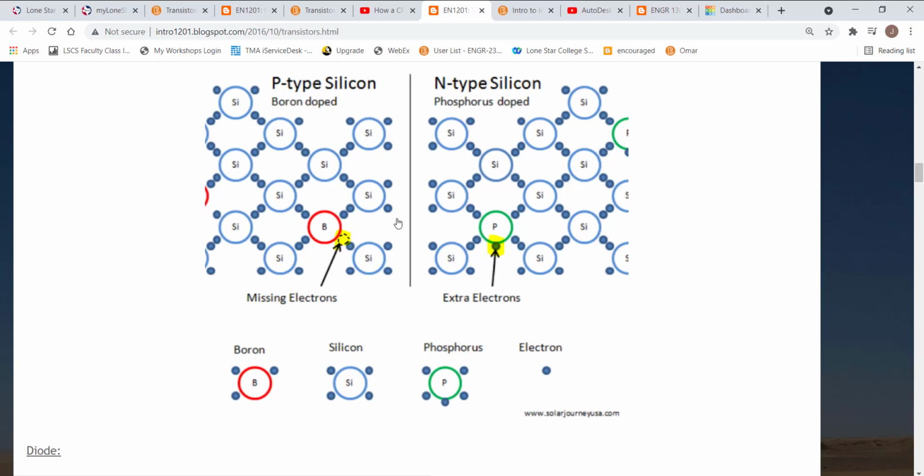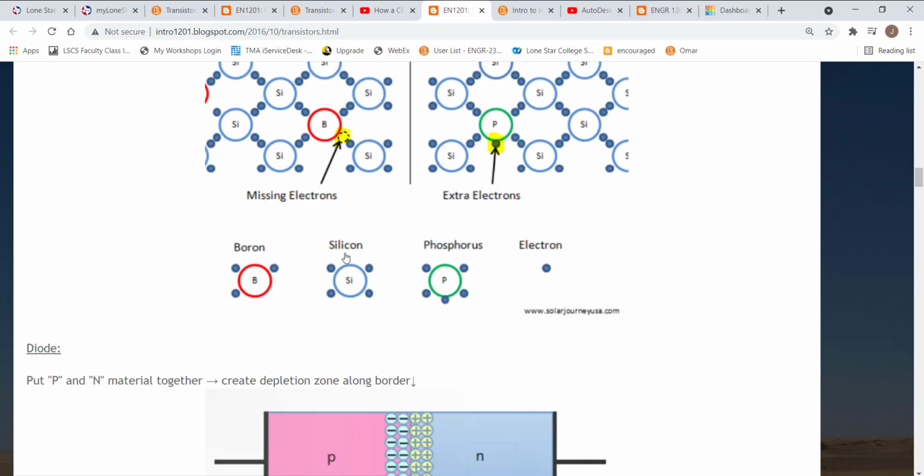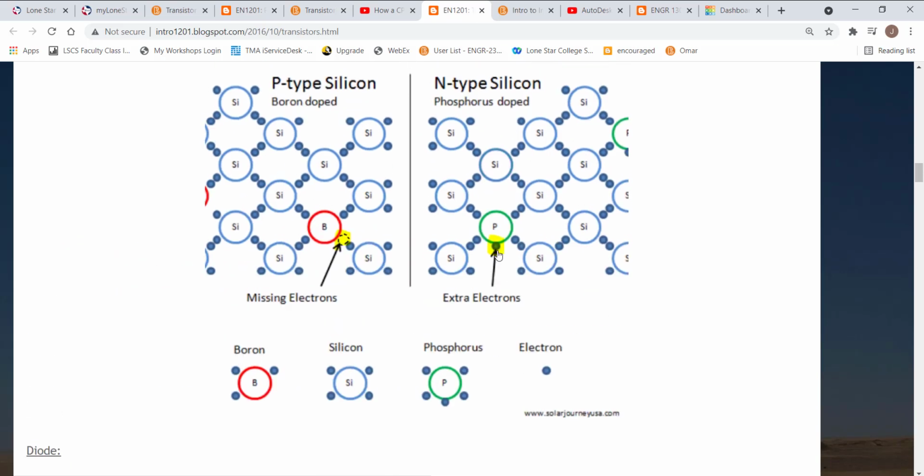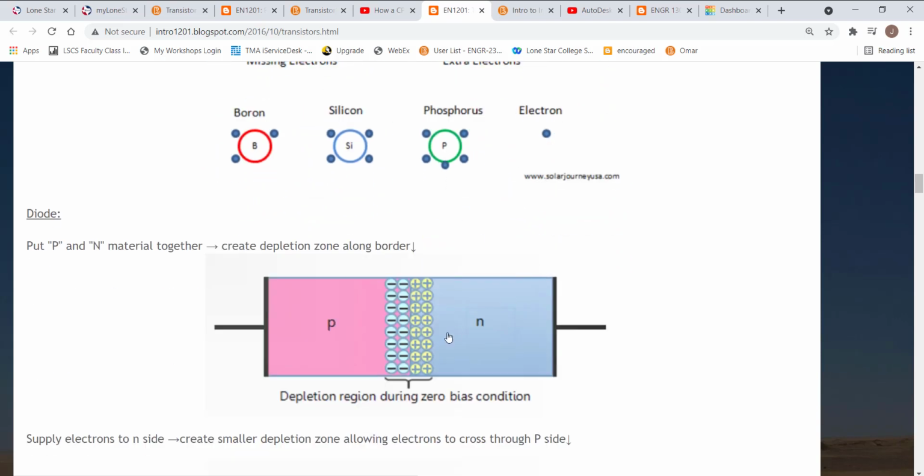So the p-type material becomes negatively charged. It has too many electrons over here. And the n-type material is now missing a charge, so it is now positively charged because it doesn't have enough electrons to balance the protons that are in these atoms. So you get this kind of barrier between the materials with a positive and a negative side.